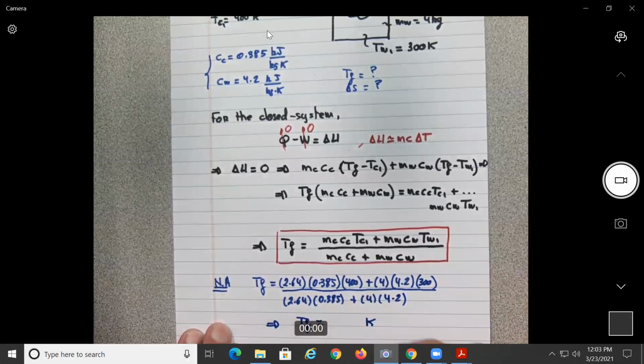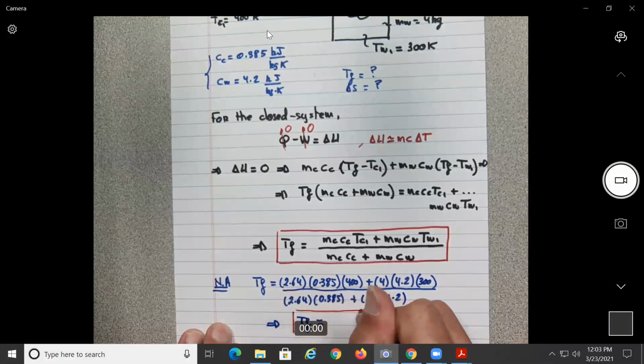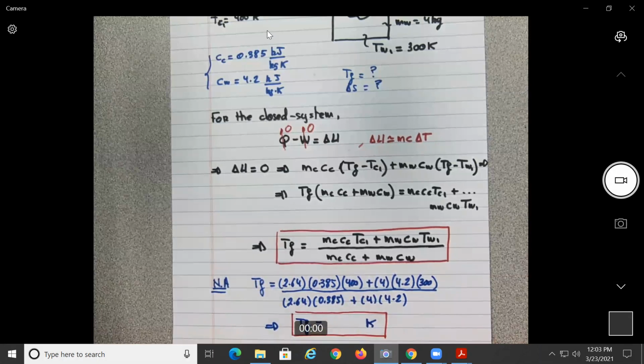And that should give us the final temperature in Kelvin.